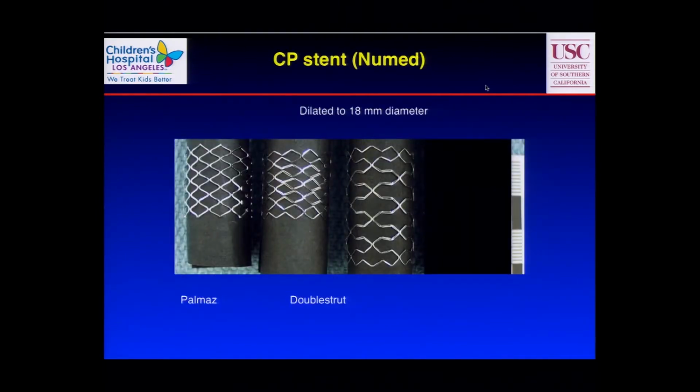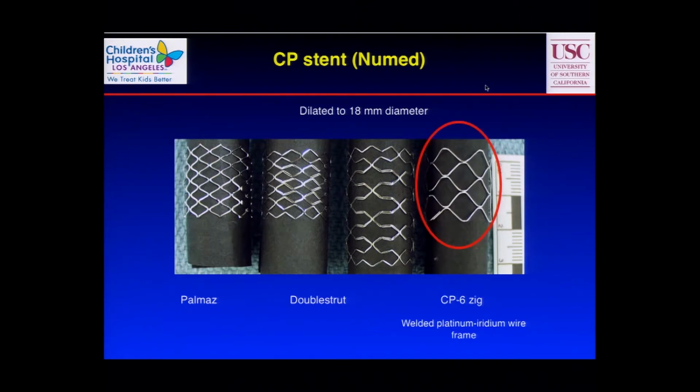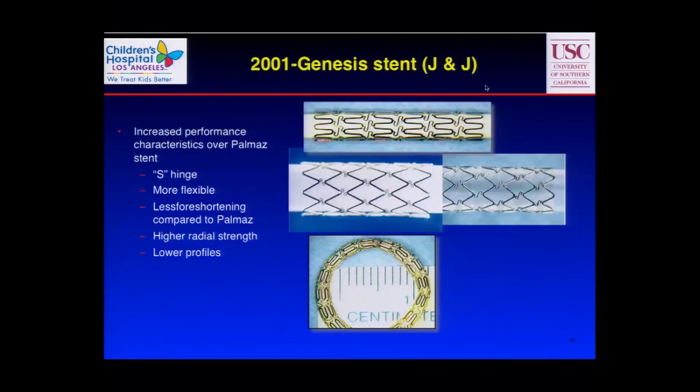So here's the Palmaz compared to the double strut, and then you see the CP stents. CP stents are made out of platinum iridium. It's welded, so it's not laser cut. I really don't think it's as good of a stent because of how it's produced, because fractures can occur at the welding sites. The Genesis stent came along in 2004, and to me, that is the workhorse of the current era.